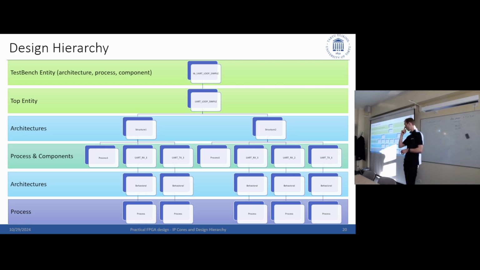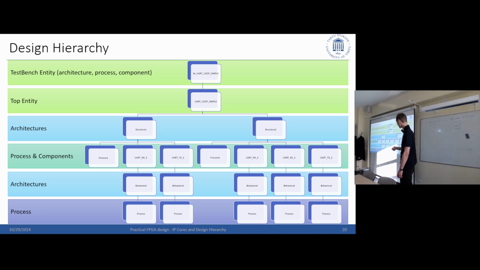In a normal scenario, unless you develop an IP core, it's the thing which interfaces with the rest. The top entity in an IP core will just interface with the rest of the FPGA design. If it's in your FPGA or ASIC design in the end, then it will be the thing which connects to your outside pins. So it's actually the physical interface. My reset, my clock, whatever UART or other ports I have, they will go into the top entity. And the test bench tries to stimulate those on the outside.